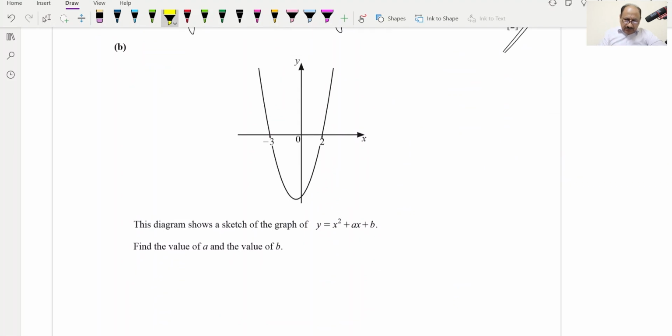Now B part, this graph is provided. The diagram shows a sketch of a graph of y is equal to x squared plus ax plus b. So this is a quadratic equation. Find the value of a and the value of b. So the x-intercepts are this one and this one, so y will be equal to 0. We will replace y is equal to 0 in this equation.